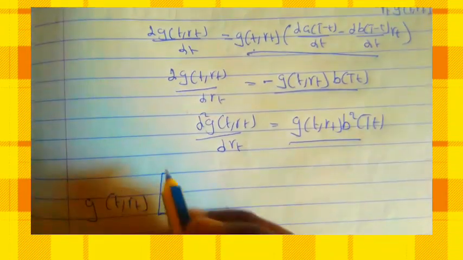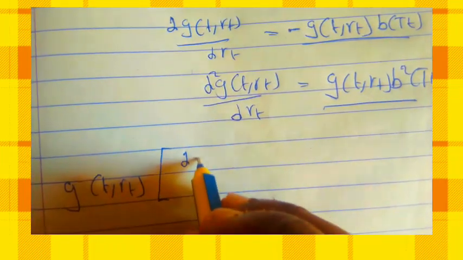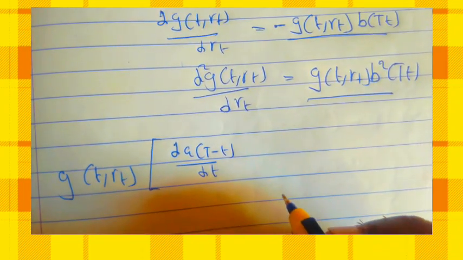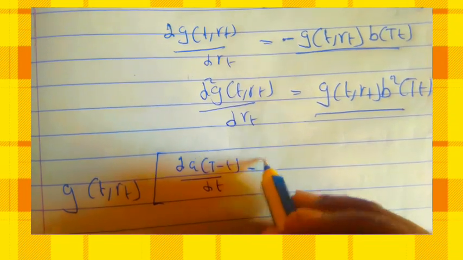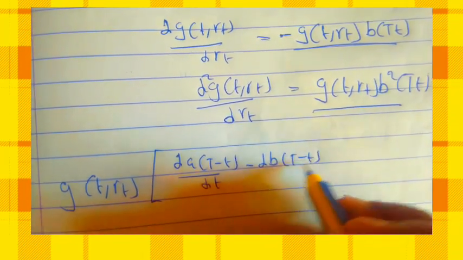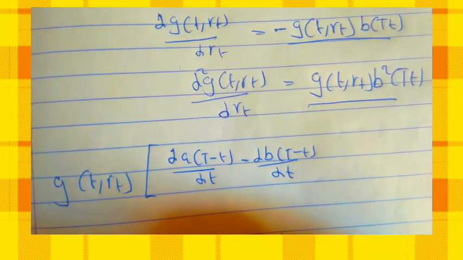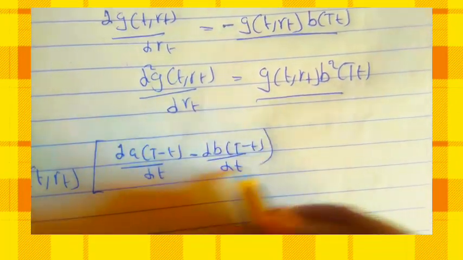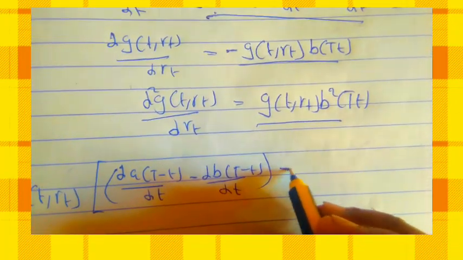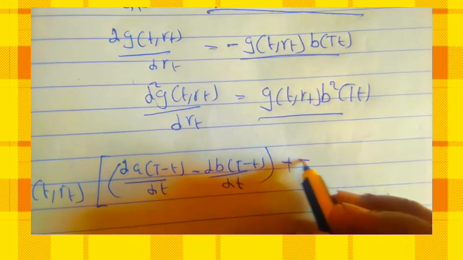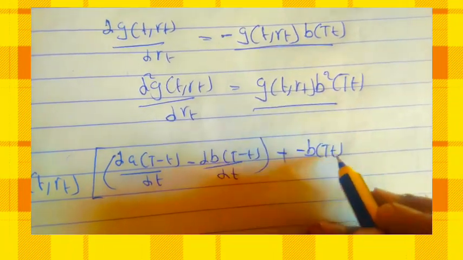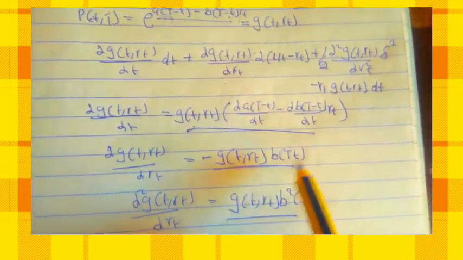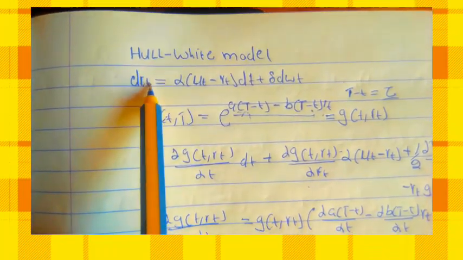Then we start with this one, changing A(T minus t) over changing t, minus changing B over changing t. That was the first one, plus minus B(T, t), then times, because already we have dr_t equal to this one.